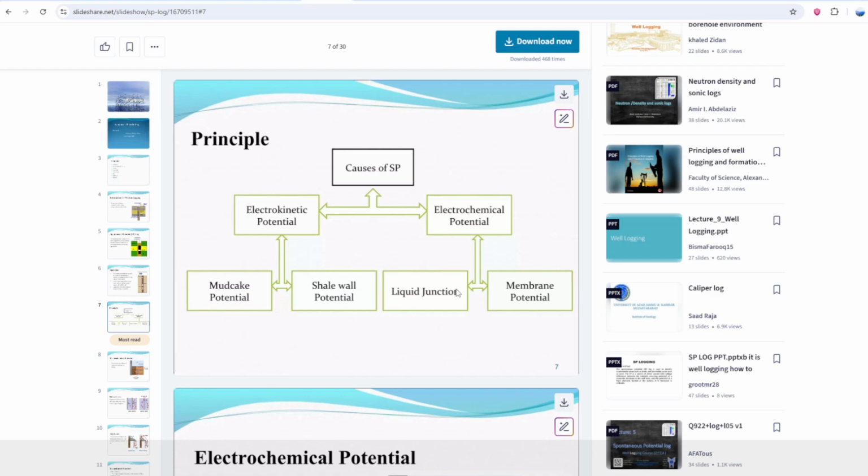If there is movement of fluids involved, that's when electrokinetic potential enters the picture. But if what we have is just ions moving and diffusing and creating these small currents, that's more like electrochemical potential, right? In the electrokinetic potential, we have the mud cake potential and the shale wall potential. And in the electrochemical potential, we have the liquid junction and the membrane potential.